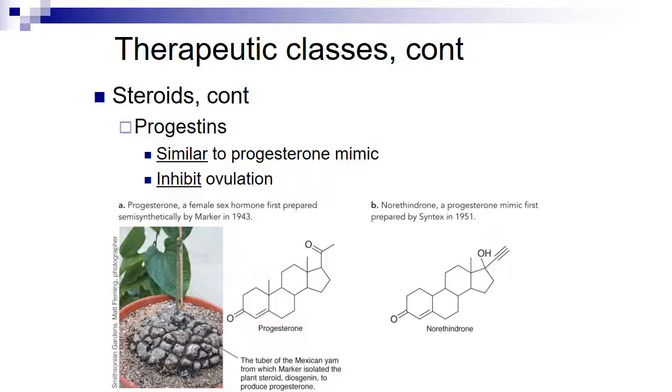They can be used to inhibit ovulation so we can prevent pregnancy, but you can also take progesterone to help a pregnancy. Sometimes if a person has a tendency to have miscarriages, they'll actually give them progesterone during the pregnancy to help the pregnancy along. But you can also use these progestins, which is a progesterone mimic, to inhibit or stop ovulation so that you don't get pregnant. Like I said, these can get kind of tricky.